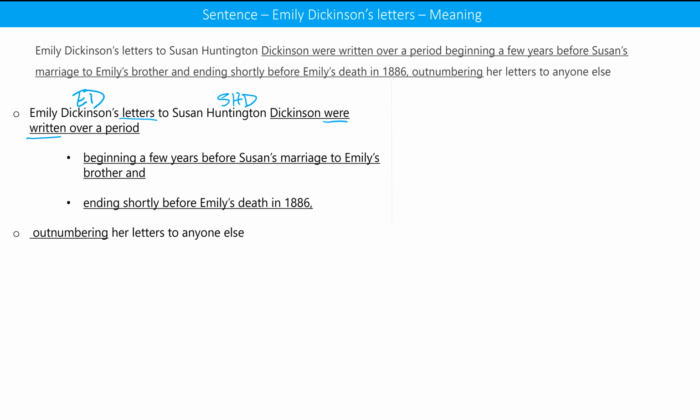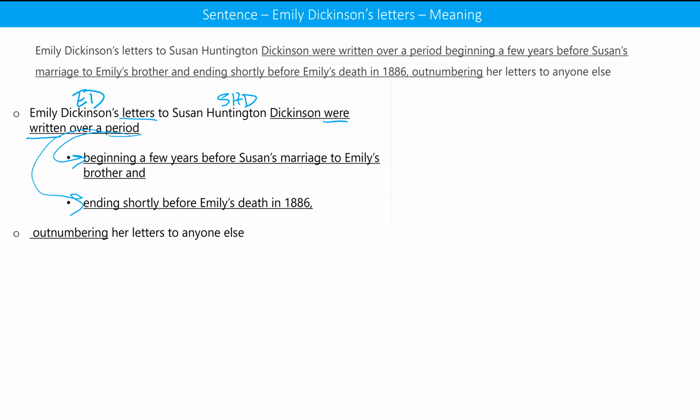So we keep reading, and we find out that this period is being described as beginning a few years before Susan's marriage to Emily's brother. And this period is ending shortly before Emily's death in 1886. So I have these two modifiers that are describing the extent of this period.